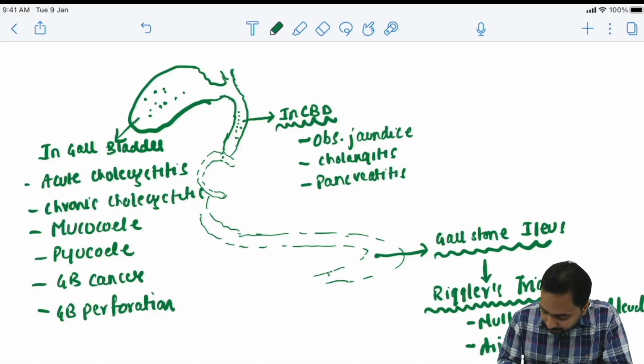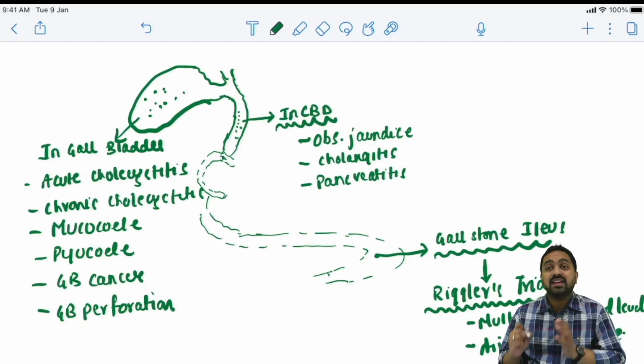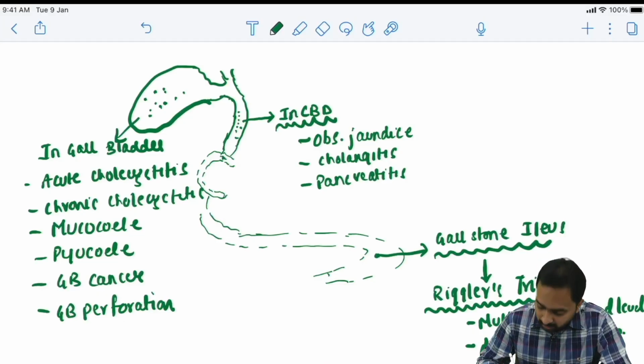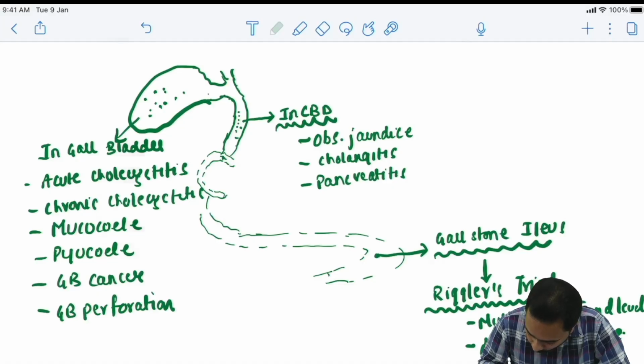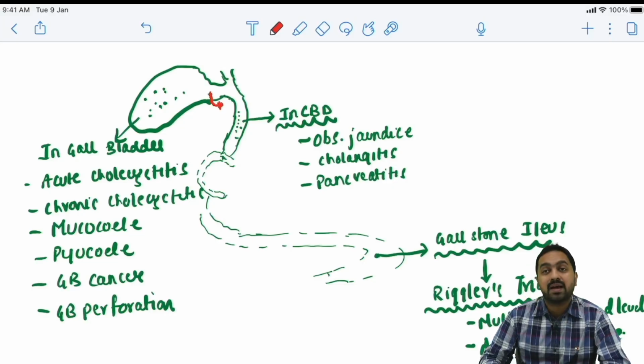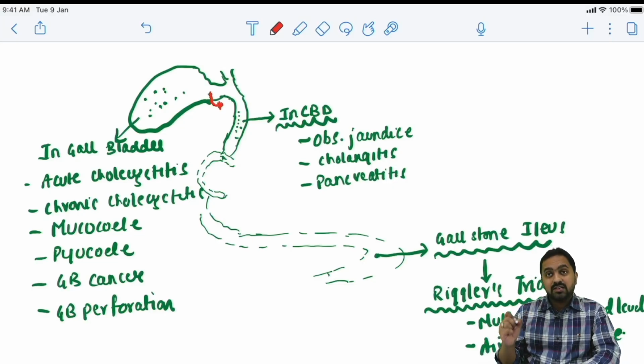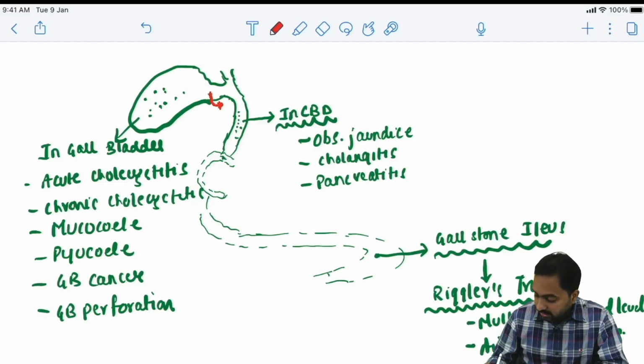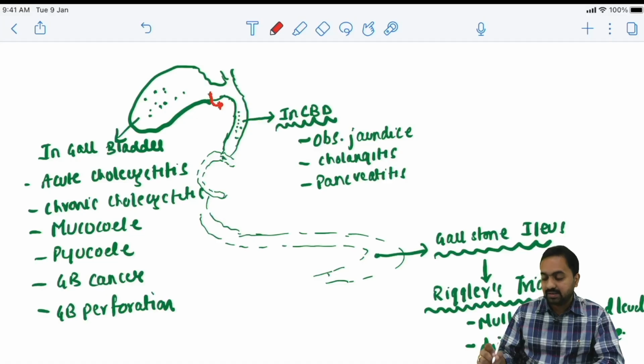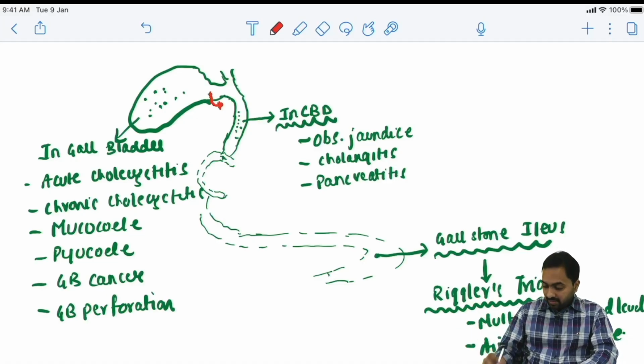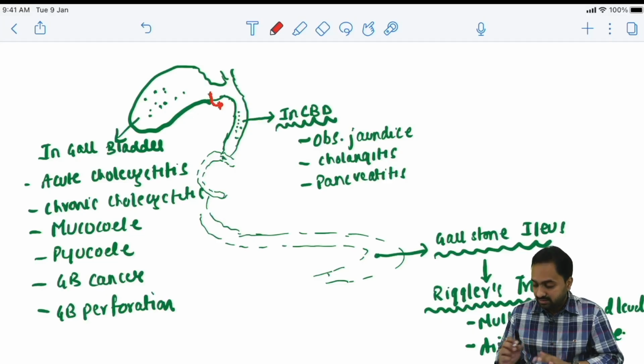If it gets impacted at the first part of the duodenum, it could cause Bouveret syndrome. If the stone is impacted at the neck, it can cause compression of the common hepatic duct, which would lead to Mirizzi syndrome. If the gallstone reaches the intestine, it can cause gallstone ileus, right? And over here we will have Rigler's triad.